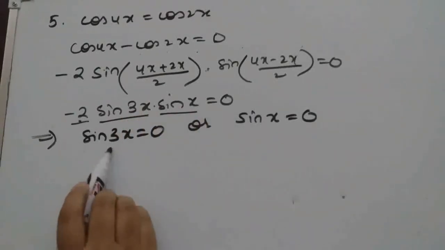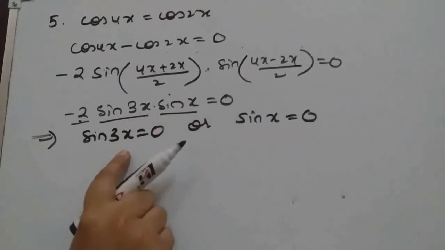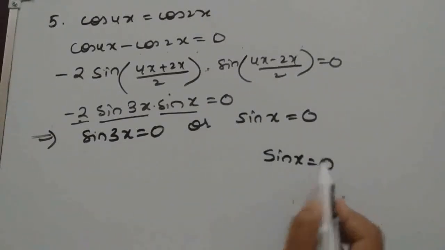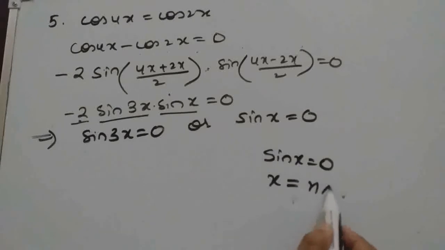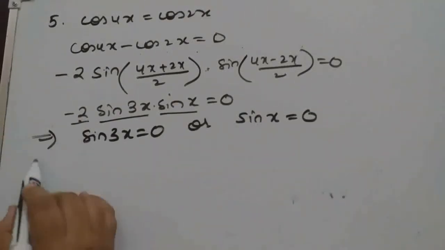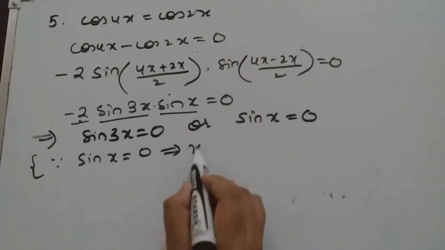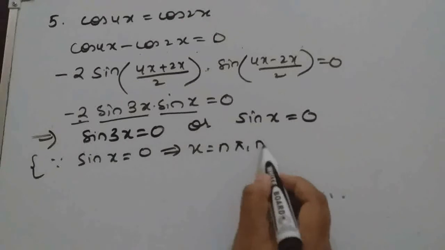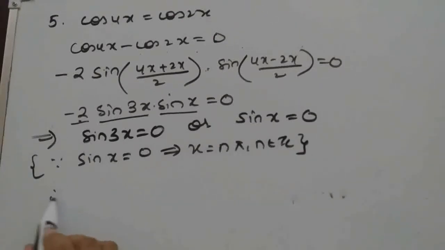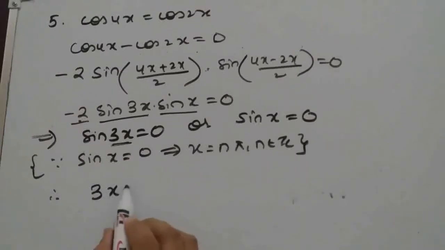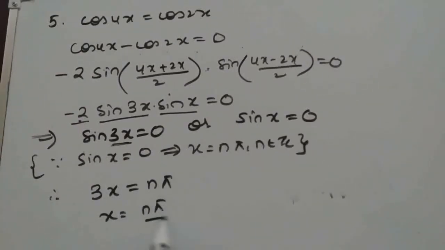So we have a general rule for this. If sin x is equal to 0, that means x equals n pi. So we will write here, since sin x is equal to 0 implies x equal to n pi, n belongs to Z, therefore here 3x is the angle, so 3x equal to n pi, so x will be n pi by 3.